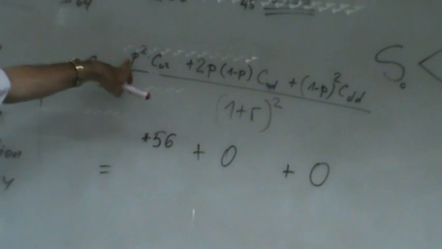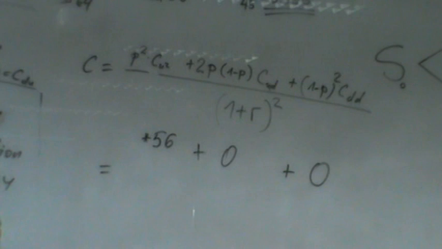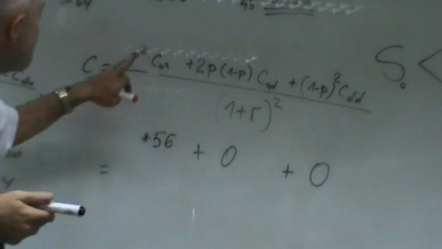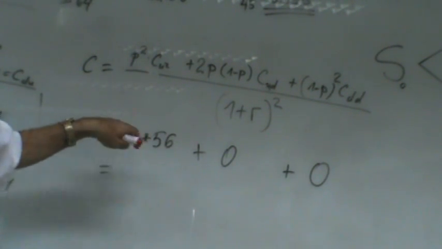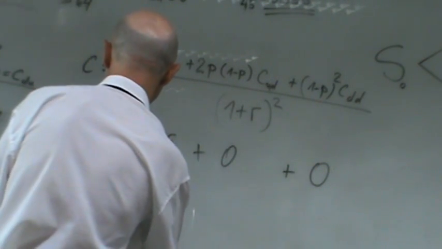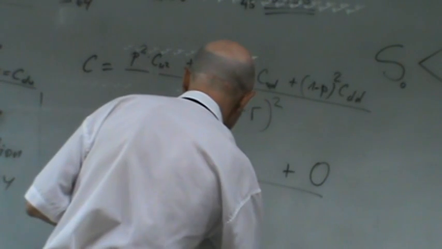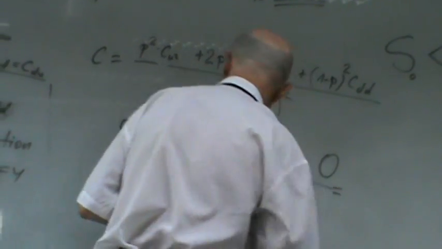And what's the P? We calculated P as 0.6, right? So P squared is 0.36. Divide by (1 plus R) squared.